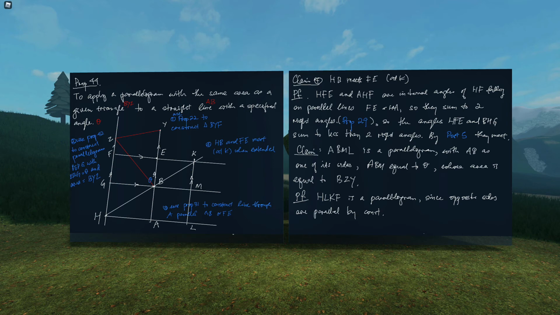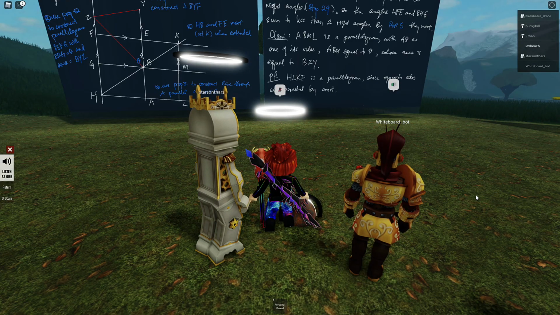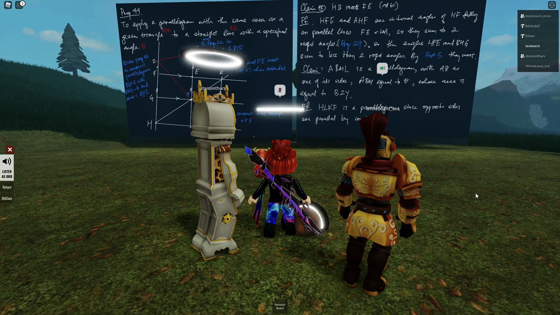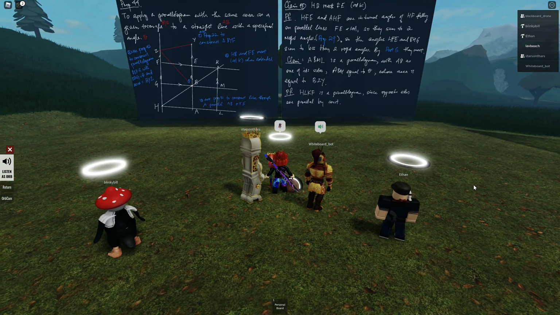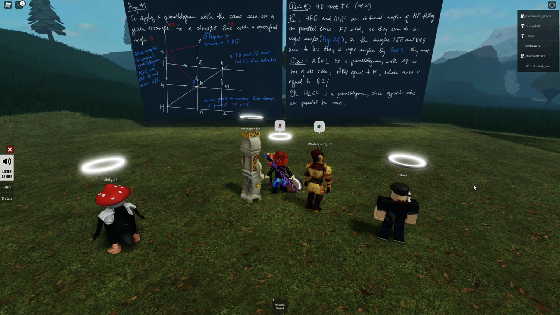Parallel by construction. And the parallelograms BEFG and ABML. So these are the ones that are, I guess they're the complements of the diagonal BK. To use the terminology from last time, if you look at the diagram, they're basically a top right and a bottom left parallelogram. So these are equal, right, from proposition 43 last week.